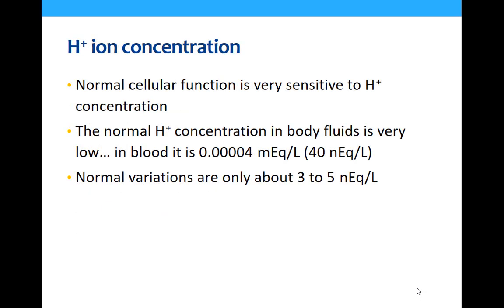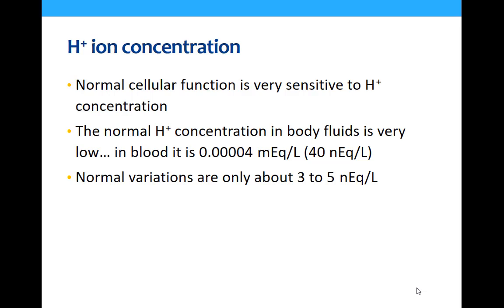Now, when you talk about acid-base homeostasis, you're talking about pH. When you're talking about pH, you're talking about H plus ion concentration, right? Cellular function is very sensitive to H plus concentration. A small change in H plus ion concentration will affect a lot of enzymes and other processes.